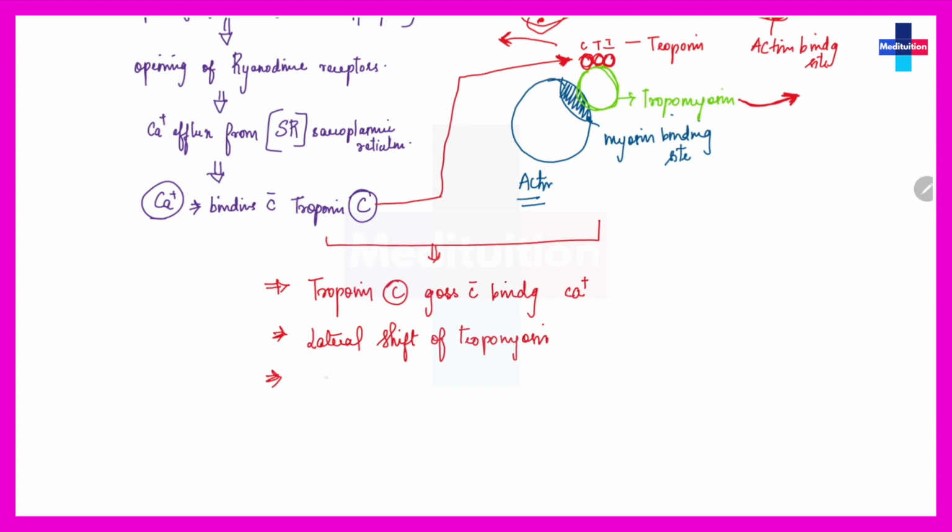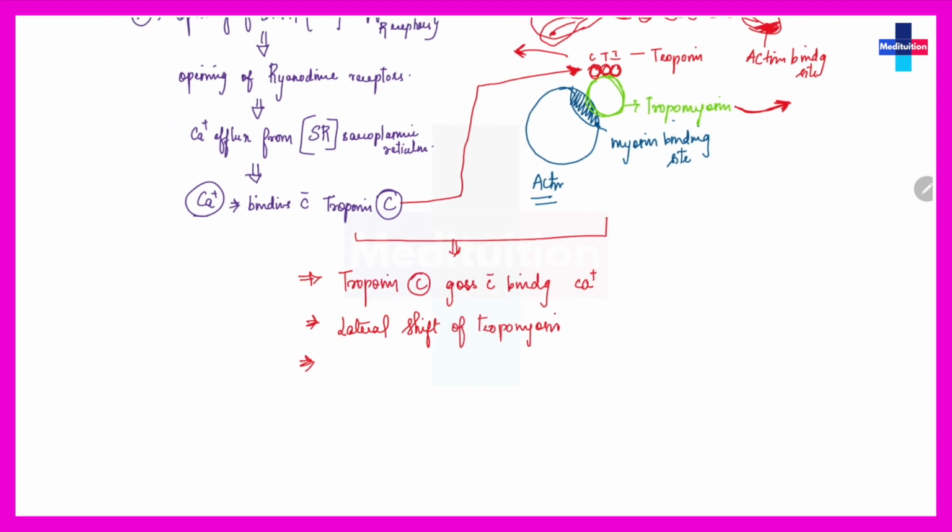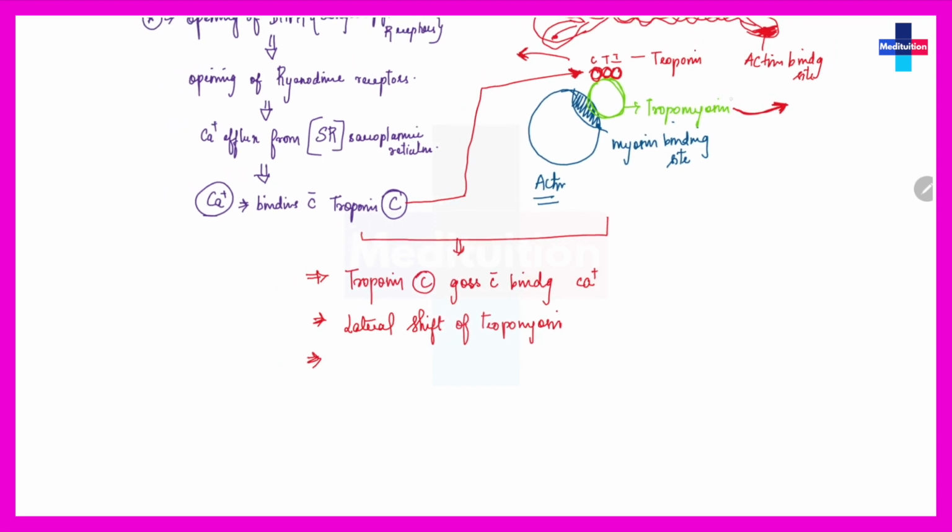Then the myosin can easily bind with this actin. This means the myosin binding site on actin will be vacant, and then the actin and the myosin will bind easily.